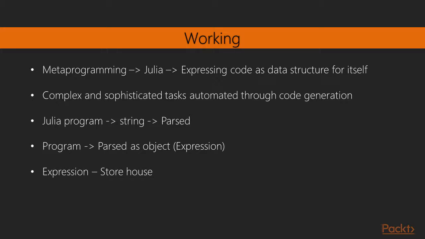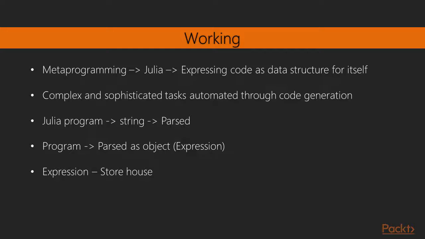Now let us see how it works. The entire purpose of metaprogramming is to make Julia express its own code as a data structure of itself. One of the main advantages of this is that complex, sophisticated and repetitive tasks can be automated through code generation. So, to make this possible, every Julia program starts out as a string so that it can be parsed and expressed later.